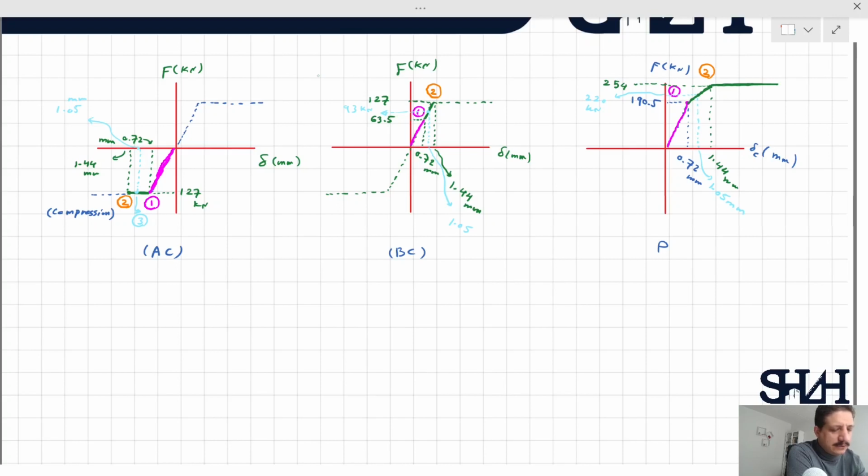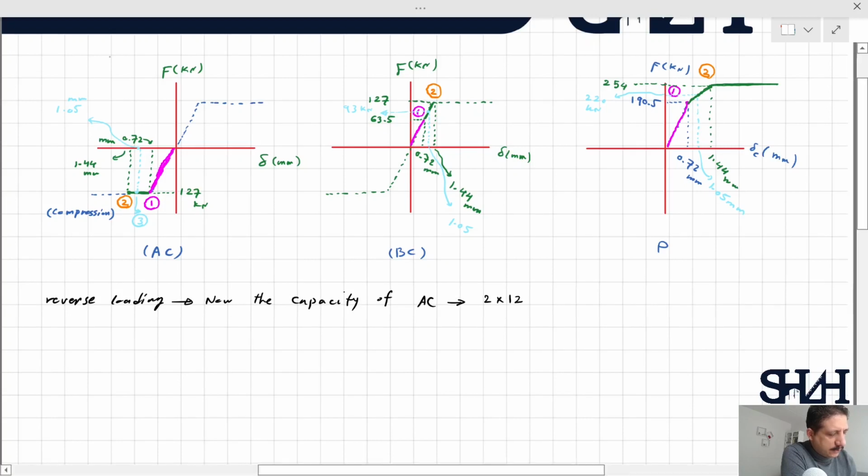As a result, again, we assume that the elastic is applied. So reverse loading. Now the capacity of AC is 2 times 127 kilonewton, which is 254 kilonewton.